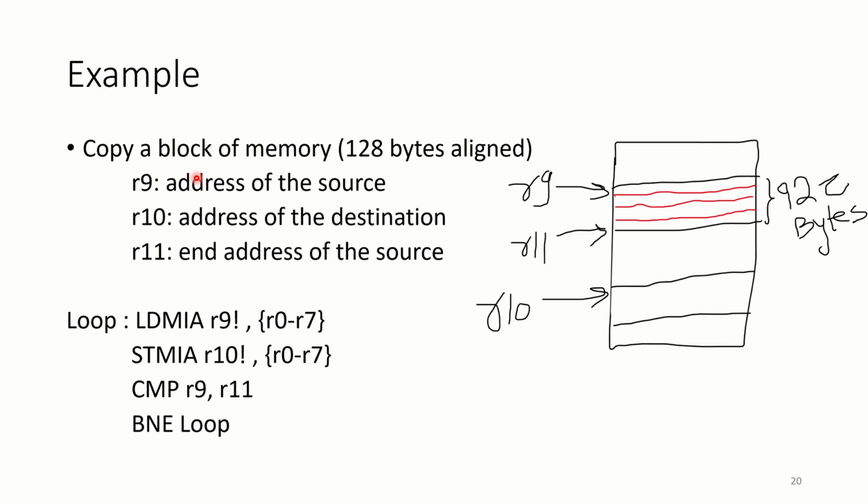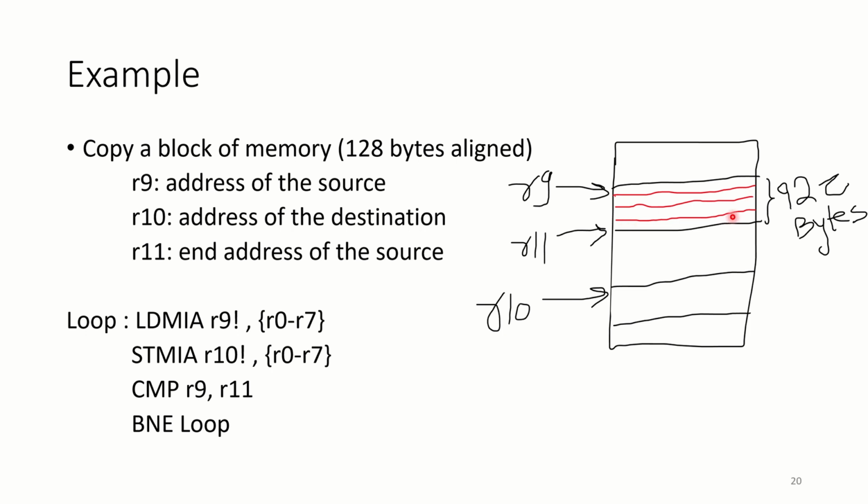Okay, so let us understand an example of load multiple and store multiple. Here we have to copy a block of memory. This is the memory of 128 bytes, from here to here. This is not a single memory location. There is one word, then again one word, again one word.